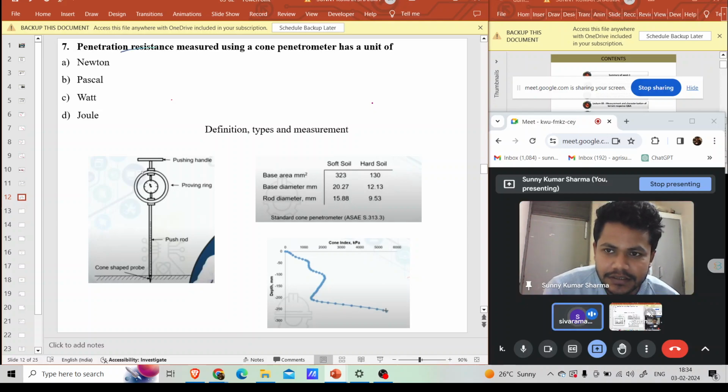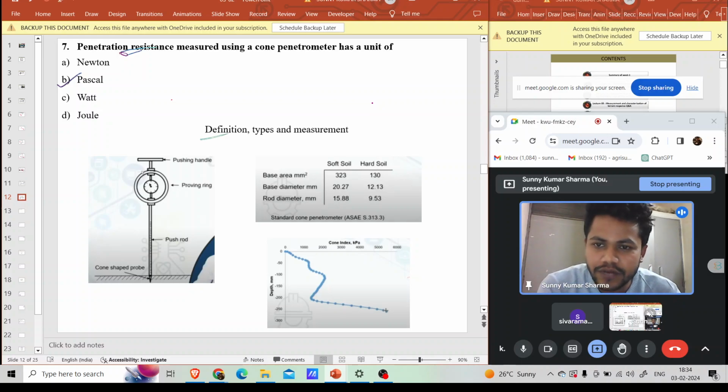Penetration resistance, pascal, sir. Yes, it has the same unit as that of pressure. So can you define what is this penetration resistance?